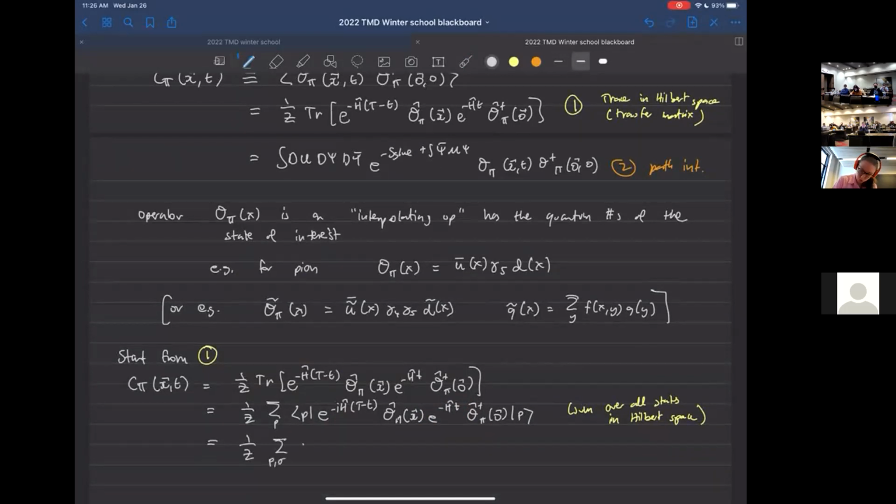Now we're summing over 2 complete sets of states, those 2 resolutions of the identity. Oops, that I should not be there, of course. Just a default reaction to write an I in an e to the minus H. Okay.